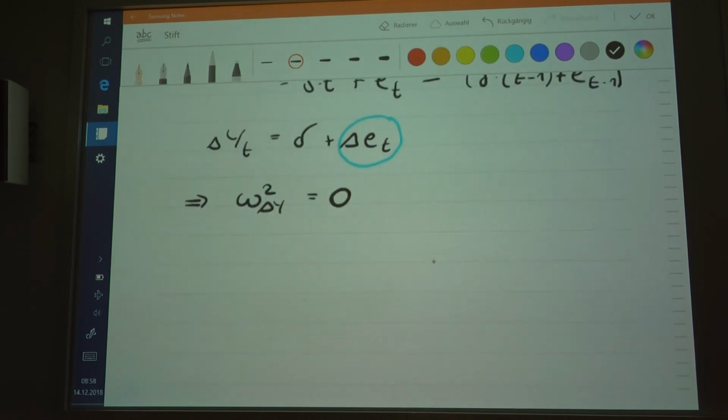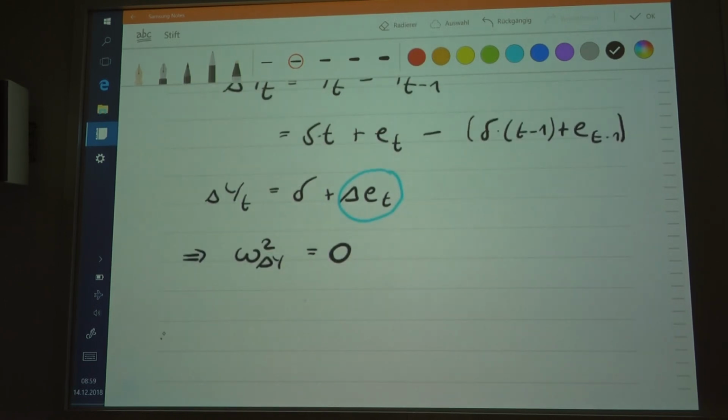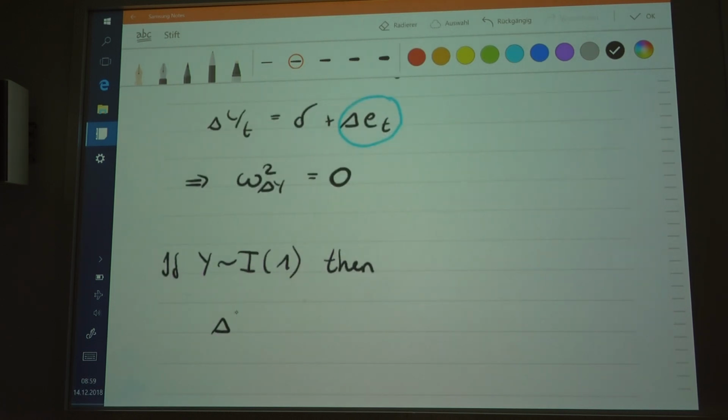Now, on the other hand, if y is integrated of order 1, then the representation of the process is going to be like this. The difference of the process will be delta plus e t, and in that case you have a stationary process.